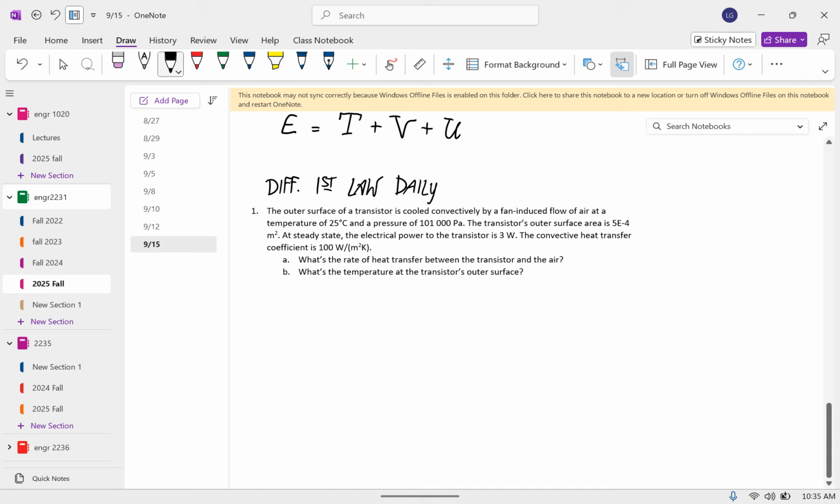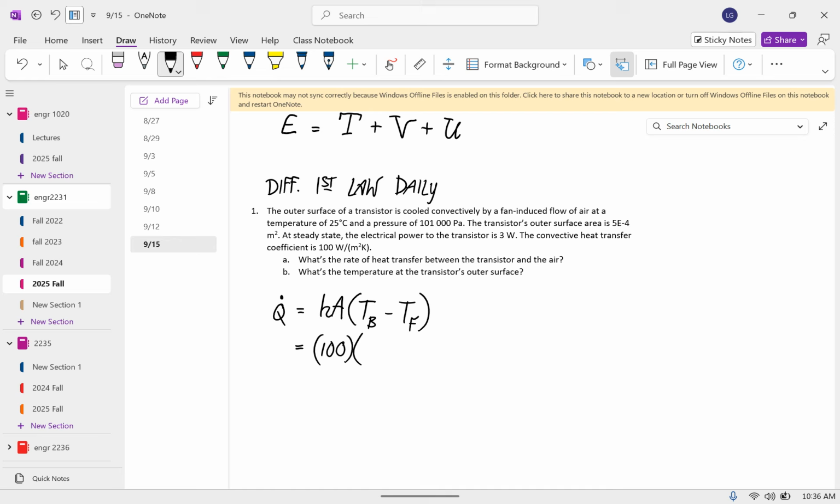All right. So we know that we're going to use this form that says Q dot is equal to h times A times the temperature of the body minus the temperature of the fluid. We're given h and we're given A. This is all in SI units. So we have 100 here.